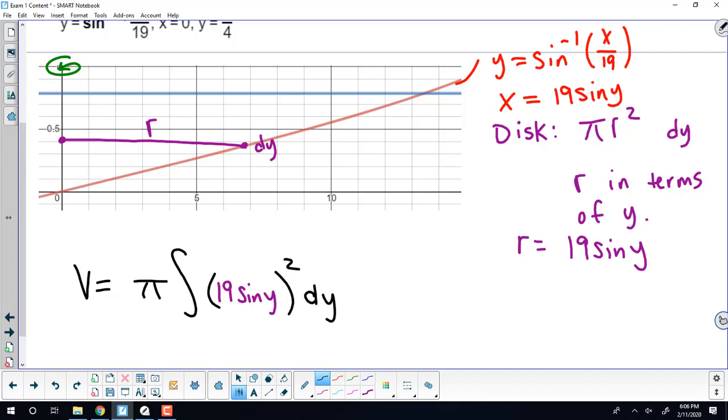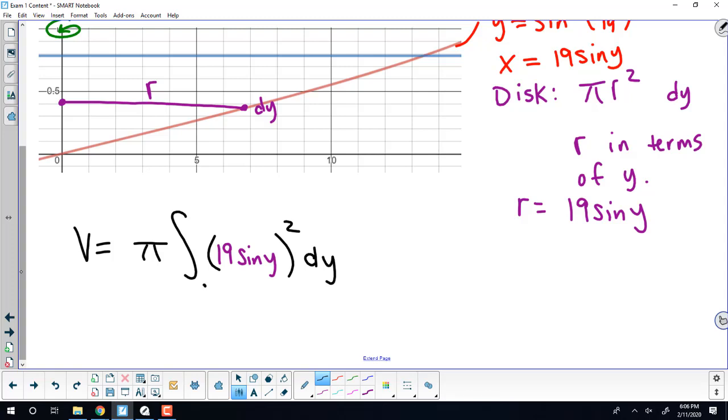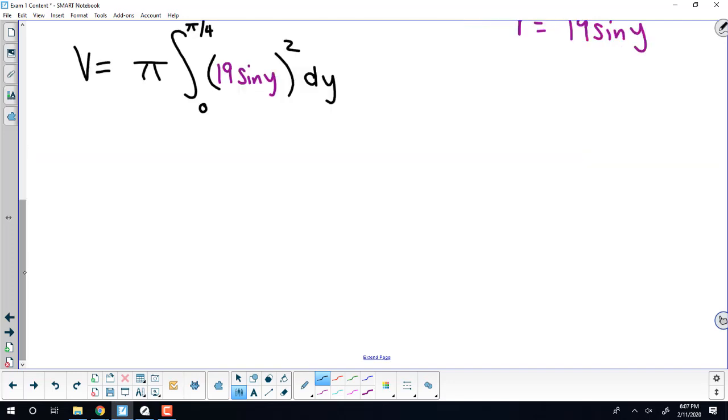And y ranges, our rectangles range from where to where? 0. Yeah, 0 to the blue line, pi over 4. Is everybody okay with the setup there? Okay. Go down here.